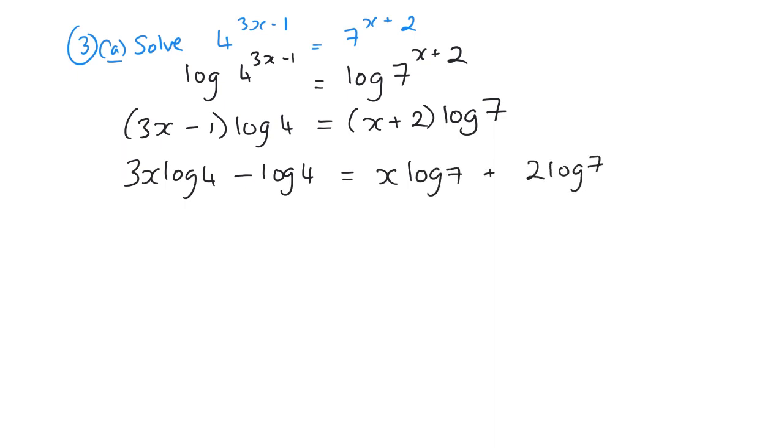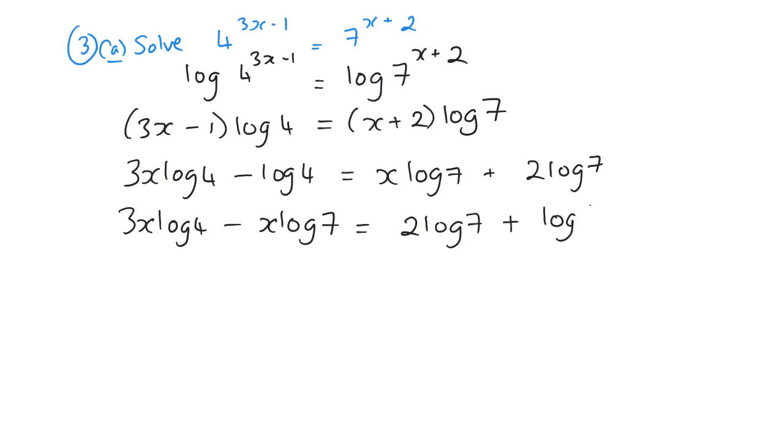plus 2 log 7. Now I want to get everything, just like a normal equation, with x's to one side and everything else to the other side. So we've got 3x log 4 minus x log 7 on the left-hand side. The 2 log 7 is staying on the right, and the minus log 4 is going to come across and become plus log 4.